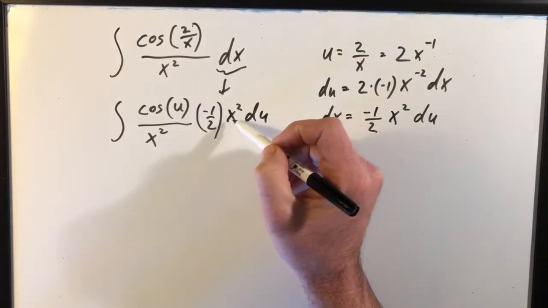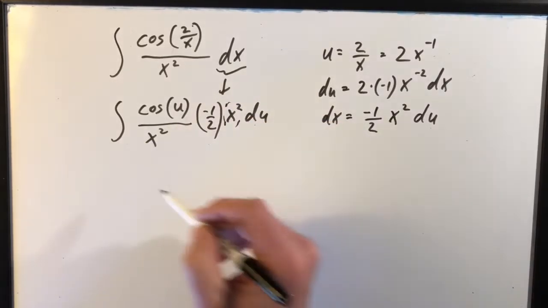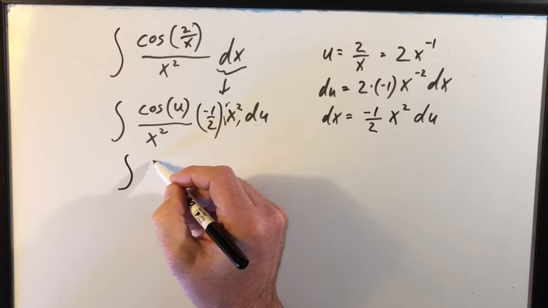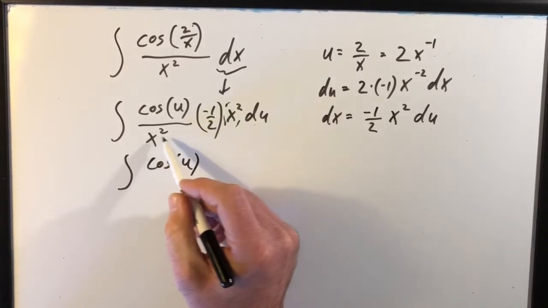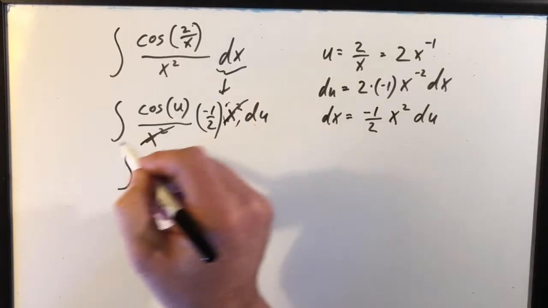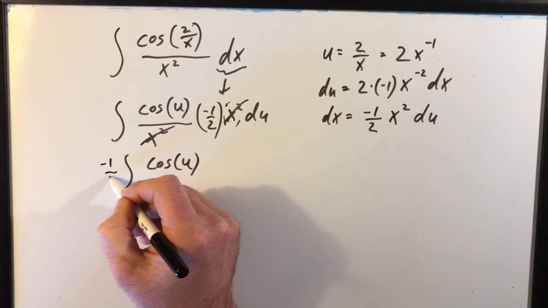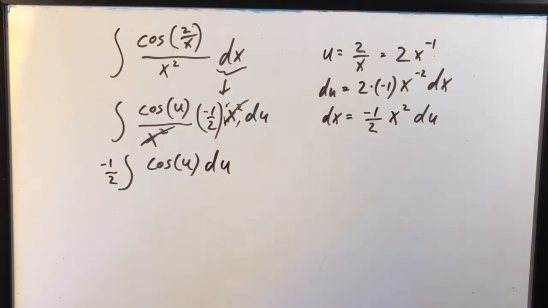If you look, the problem was defined nicely because that guy and that guy are going to cancel out in the next step. So we have cosine u, we got rid of that, we got rid of that. We're going to move this to the front, so negative 1/2 du. That looks pretty good.